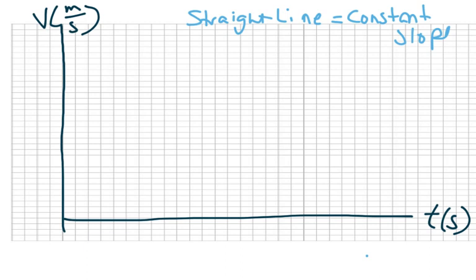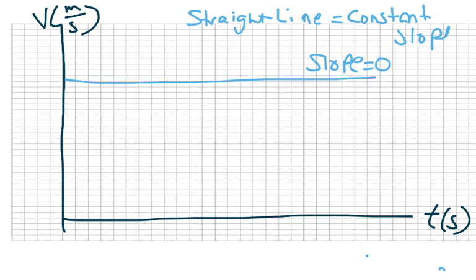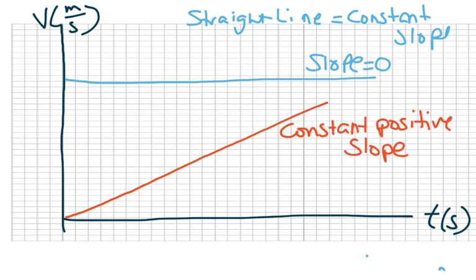So we could have something that is a constant 0 slope. We could have something with a constant positive slope. We could also have something with a constant negative slope.